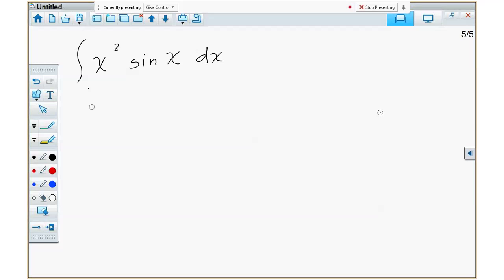Okay, what did I say I was going to make you? You can make you anything you want, but I'm going to make u equal to x squared. Therefore, du is equal to what? 2x dx. And I'm going to make dv equal sine of x dx.